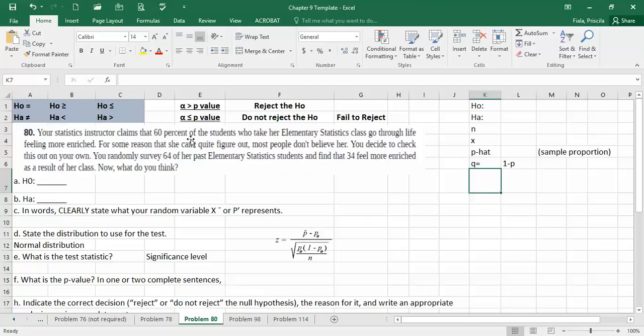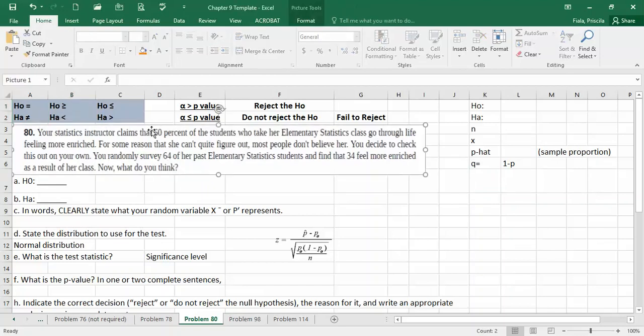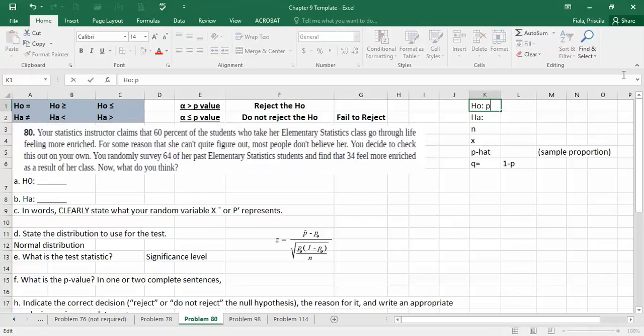Your book understands it as equal to or greater than, which would have a one tail. However, I would say that here it claims that 60%. So she's saying that it is equal to 60%. Therefore, I am going to go with that as my proportion. Remember, percentage is 60%.